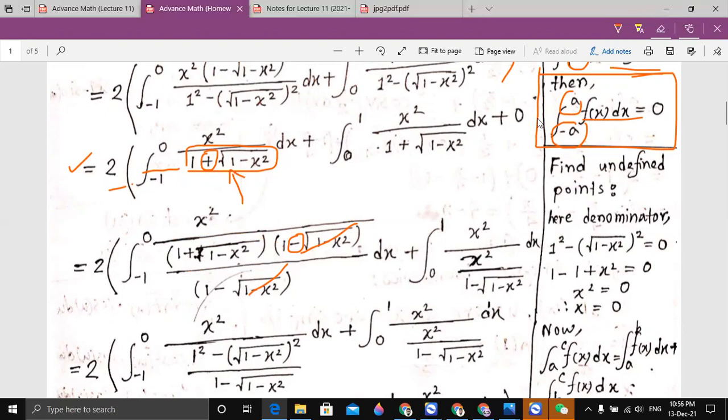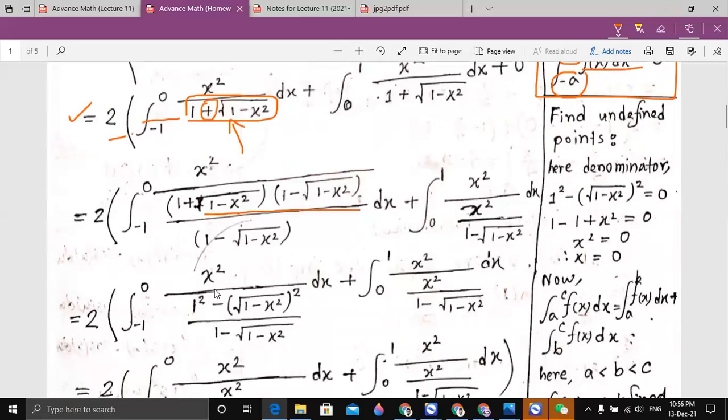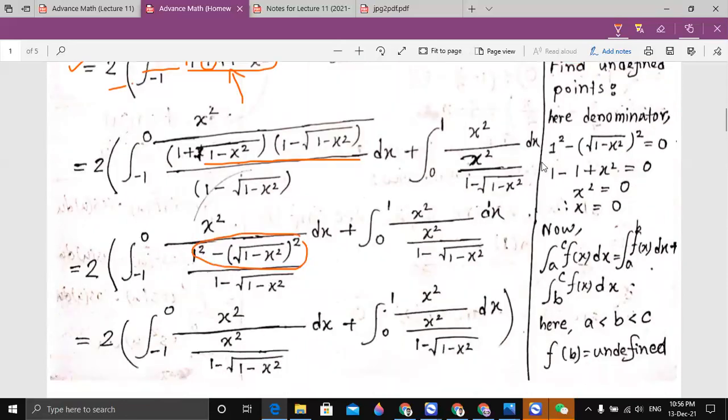So now the interesting part is, this one is a plus b into a minus b, right? So we can write a square minus b square. And then if we just calculate here, this root and square can get cancelled, and we get only... okay, let me calculate this part.